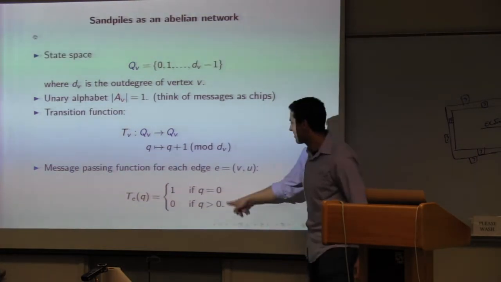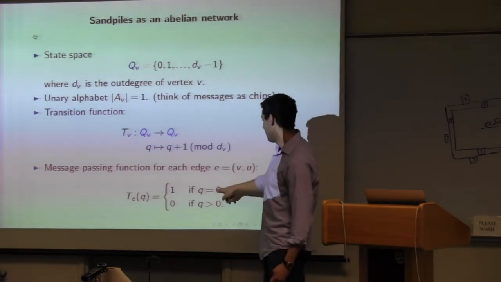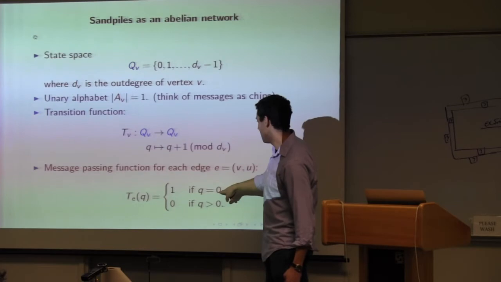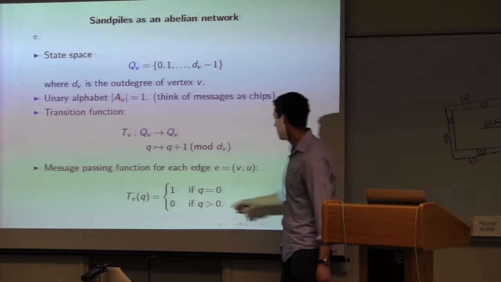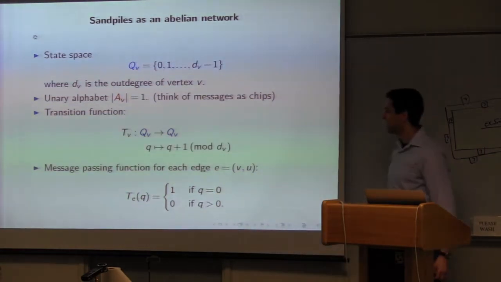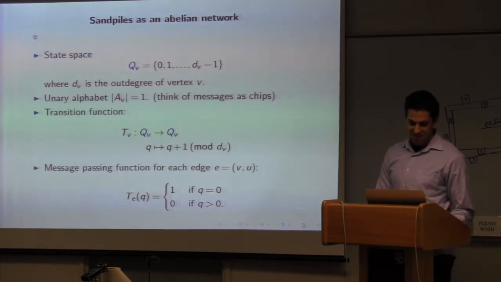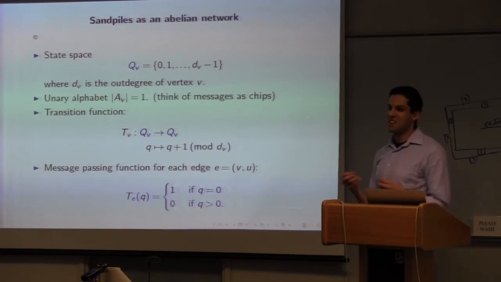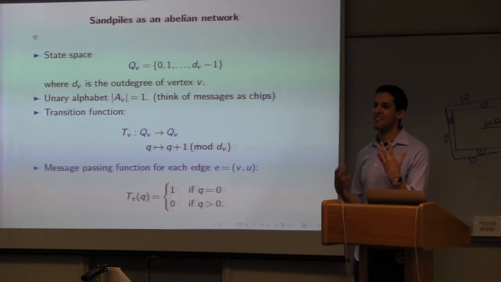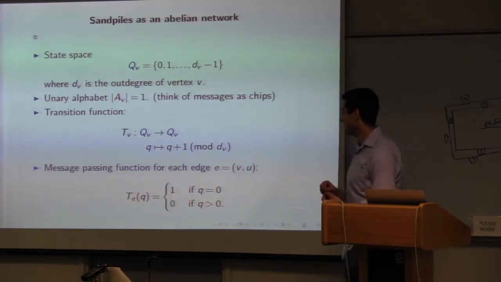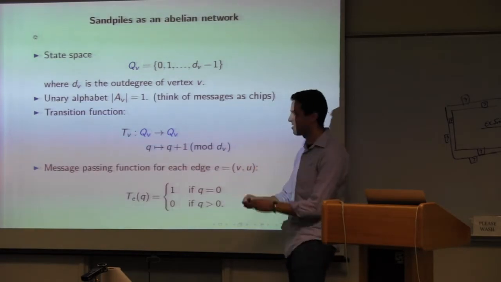And my message passing function says, if I transition to state 0, I send one letter along each outgoing edge. Otherwise, I send nothing. Essentially what's happening is the internal state encodes the number of letters received mod d. Every time that number becomes 0 mod d, that means you have enough chips to do another toppling, and you send chips to each of your neighbors.